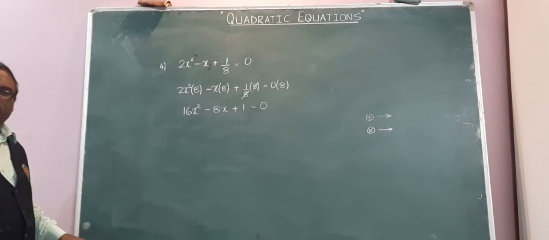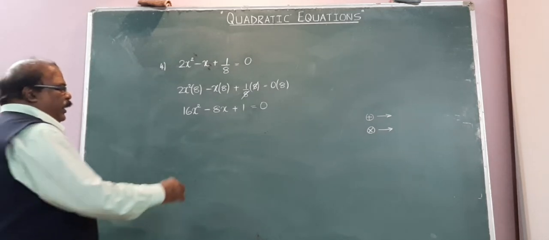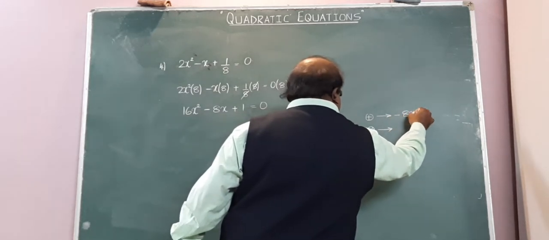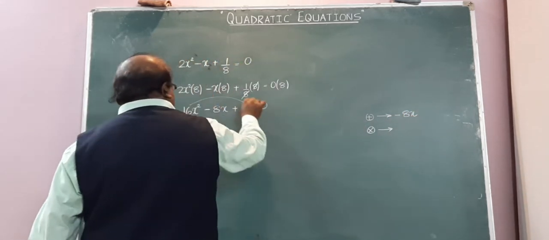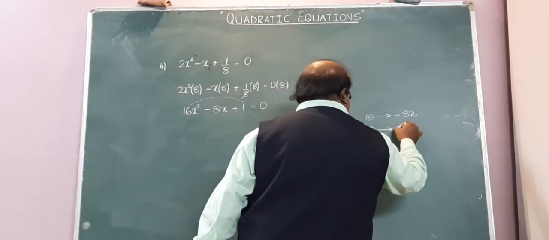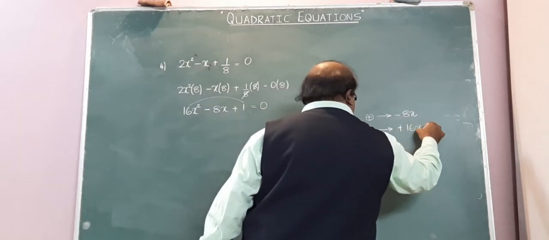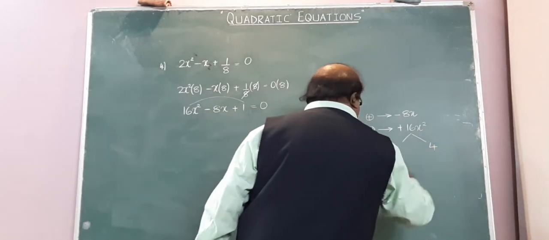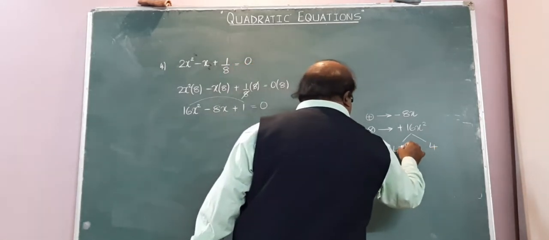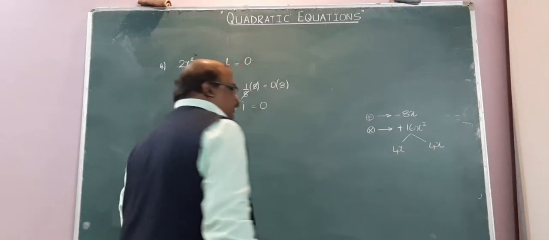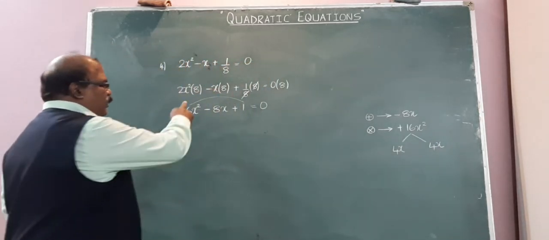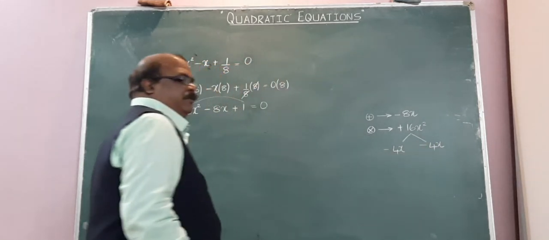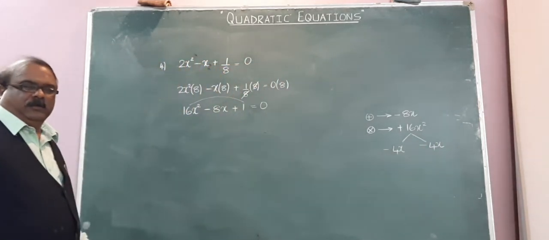Tell me the factors. What are the factors? On adding, I want the middle term. On multiplying, I want the product of the extreme. The factors are 4 and 4. Middle term is an x term, put x on both the sides. Sign of the middle term goes to the greater number; here both are equal.